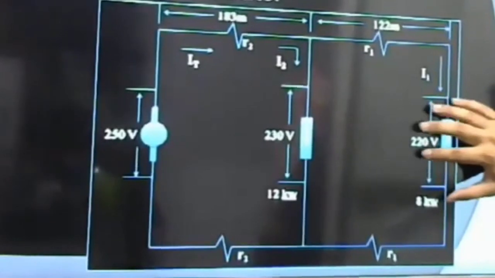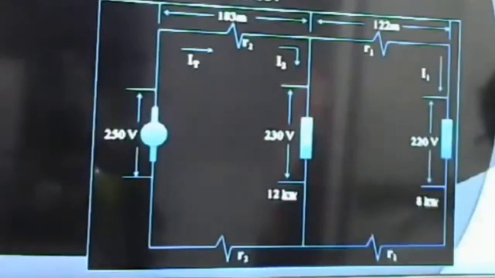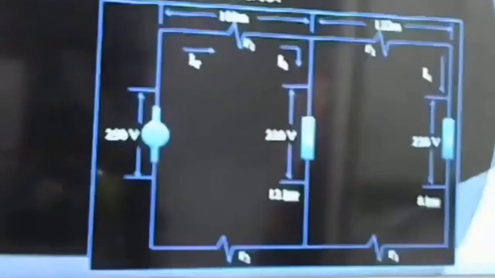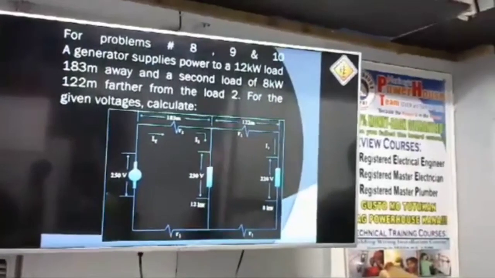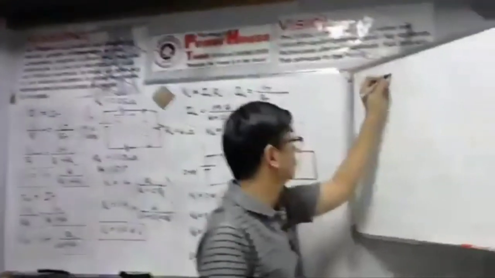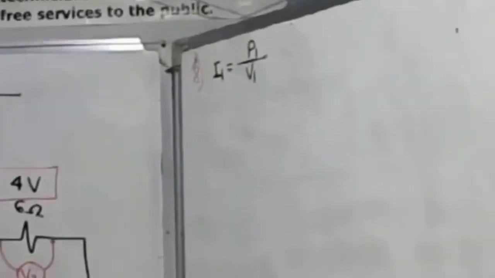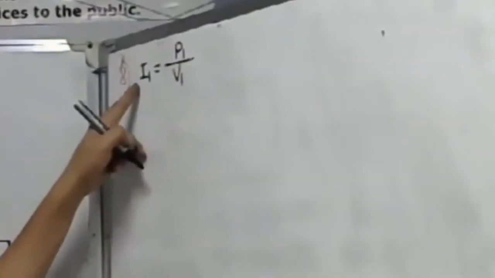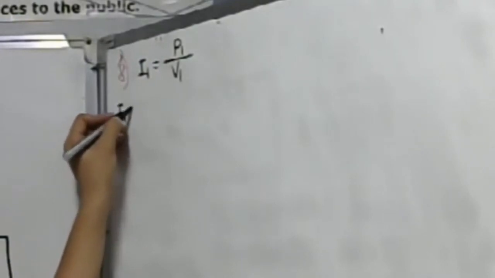We are asked to find R1 first for number 8. What is the value for our R1? Let us get first our I1. I1 is simply equal to P1 over V1, because power is equal to V times I. What is our power at load 1 here?